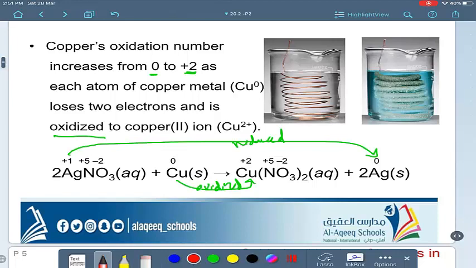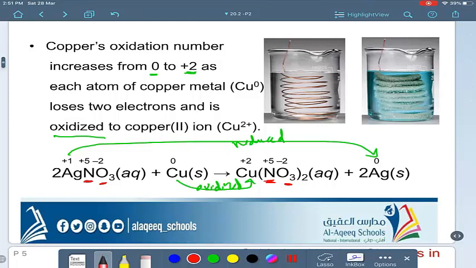What about the others? Look at nitrogen, it was positive 5. You can calculate it. We know how to calculate any element in a compound. So nitrogen is positive 5, nitrogen is positive 5, no change. Oxygen negative 2, oxygen is negative 2, no change. Other elements don't change, so nothing happens for them.